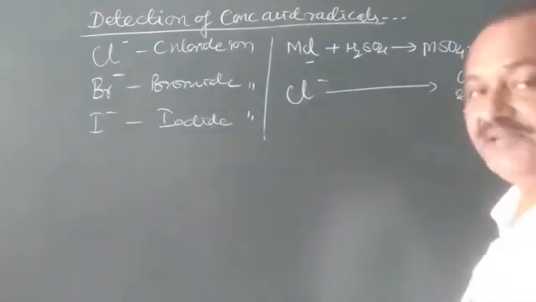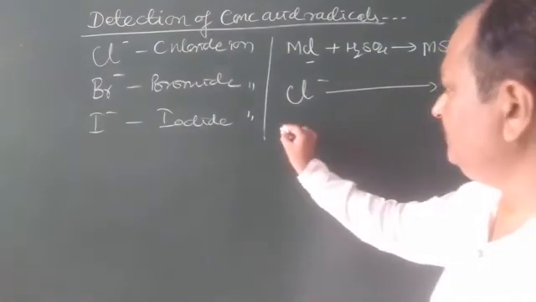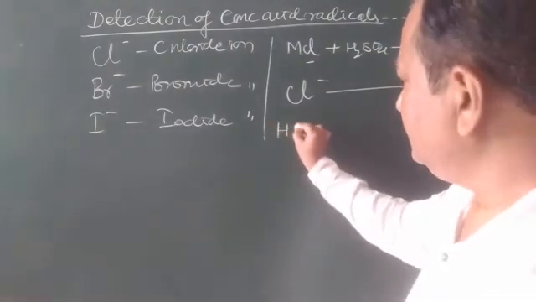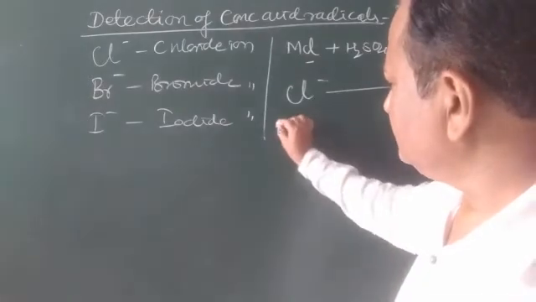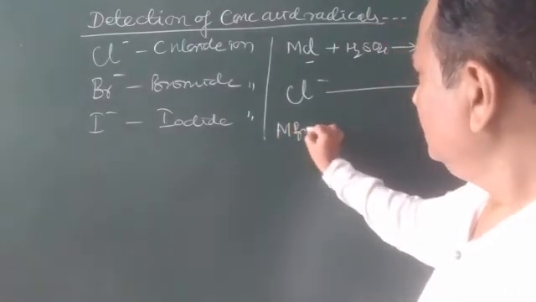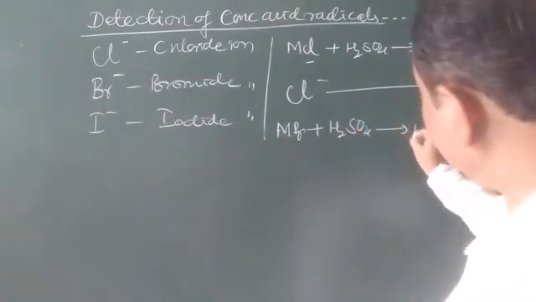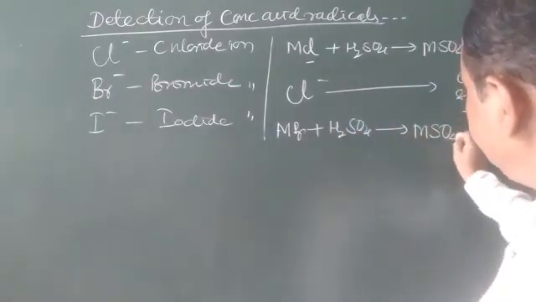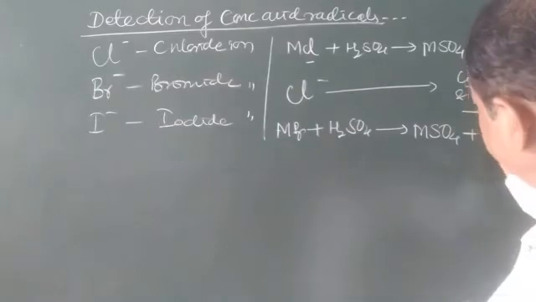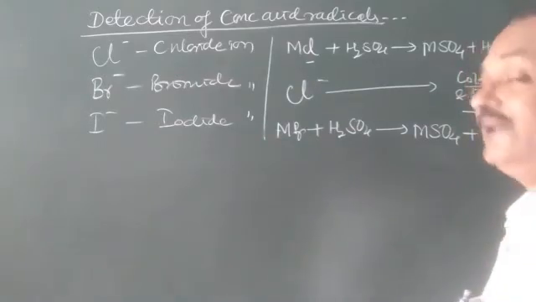Why? Because of HCl. Now coming to the case of any metal bromide. Metal bromides, when allowed to react with sulfuric acid, again there is formation of metal sulfate, plus bromine gas.